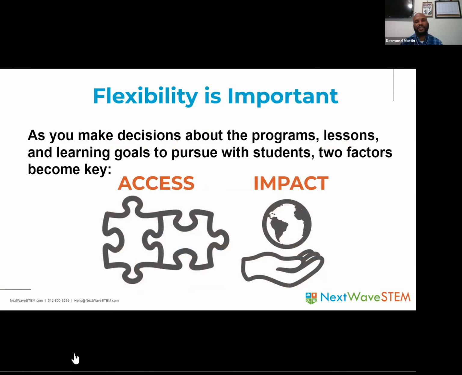So the most important thing I can leave you with is the fact that flexibility is important. And I do say fact. It is important to recognize, we as educators and some of us who may be administrators, that because we can't predict the future of the pandemic, we have to have things that allow our students access and impact. The ability to access the technology in the curricula and the ability for that access and those student learning targets to have an impact.